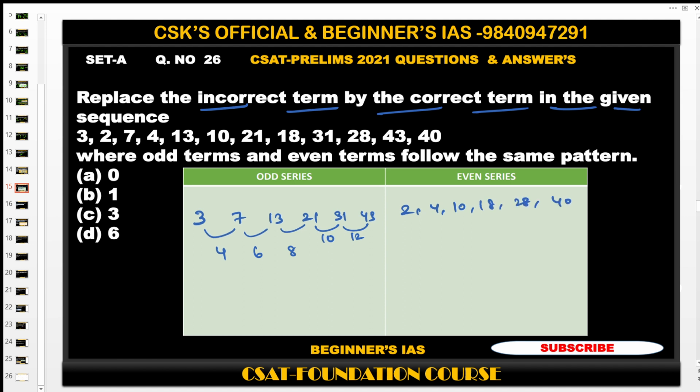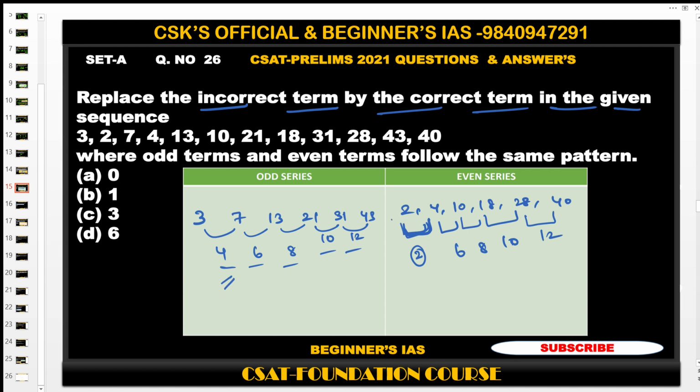Listen carefully. It follows this pattern: 4, 6, 8, 10, 12. This is 12, correct. This is 10, correct. This is 8, correct. This is 6, correct. But check here: it is 2, but you have to get a 4 here.